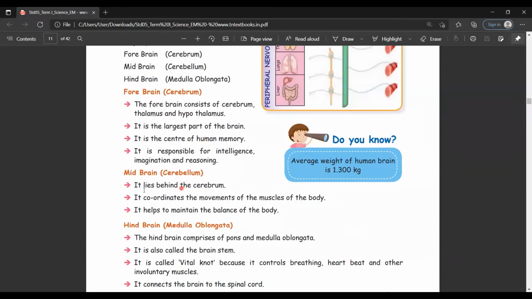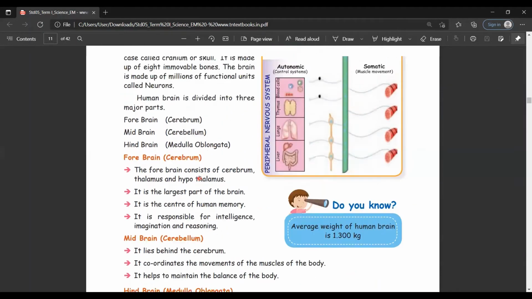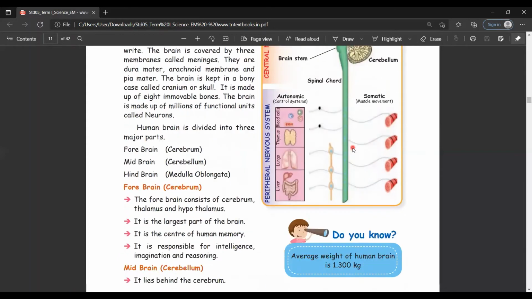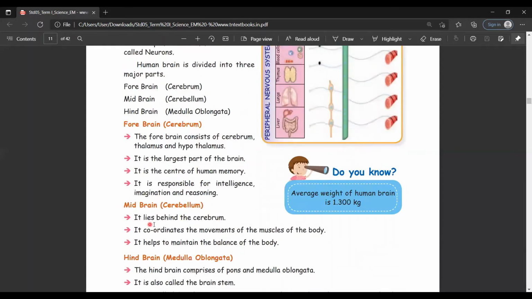The second one is midbrain, cerebellum. Okay, children. It lies behind the cerebrum.